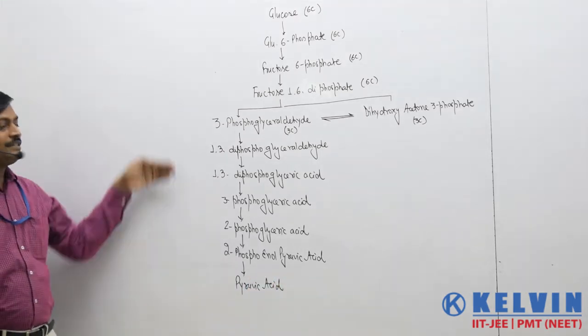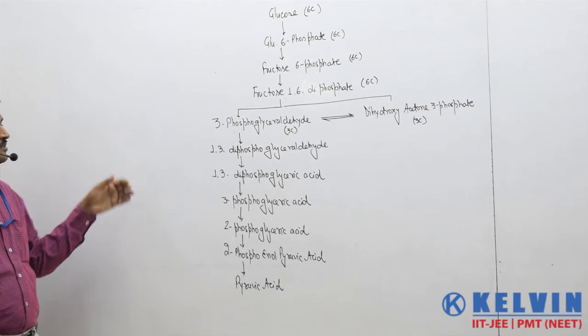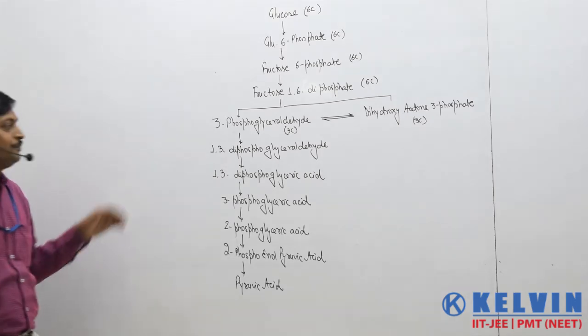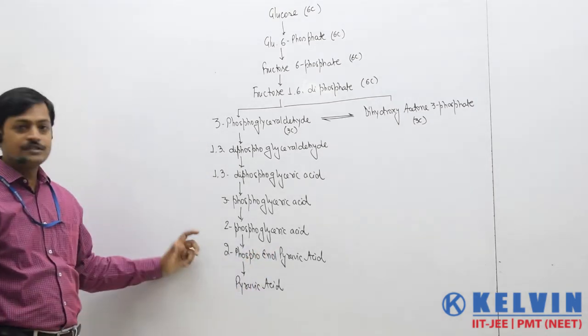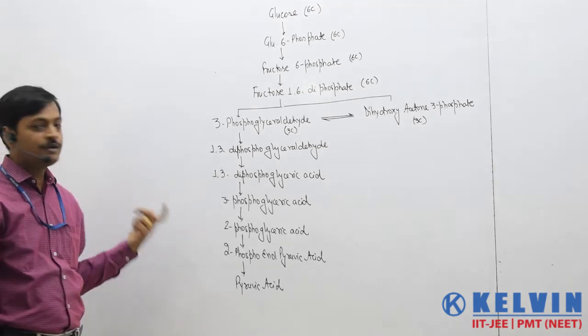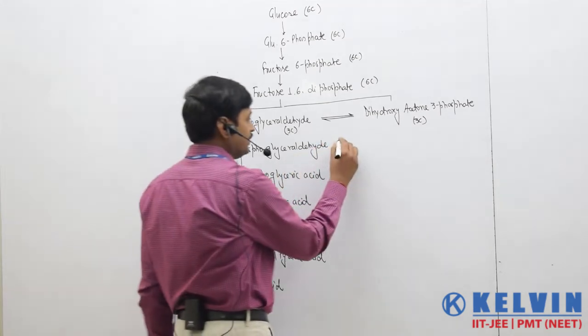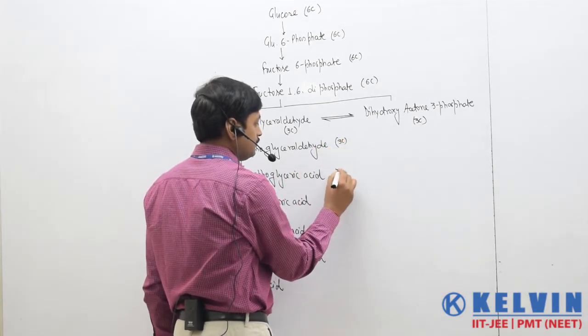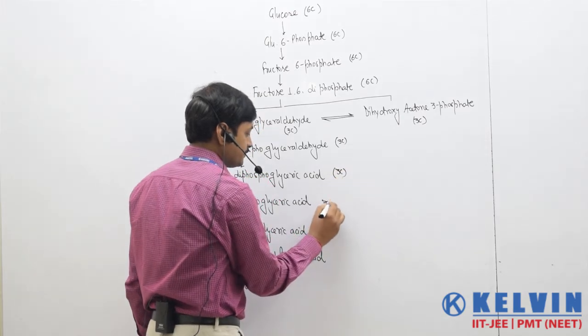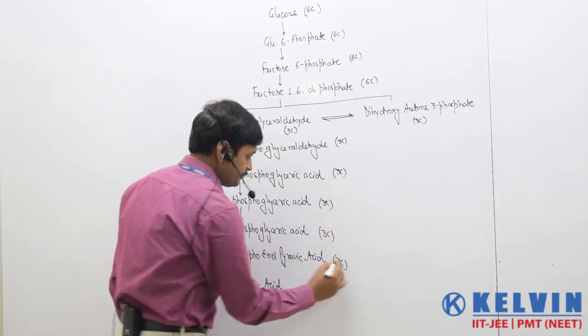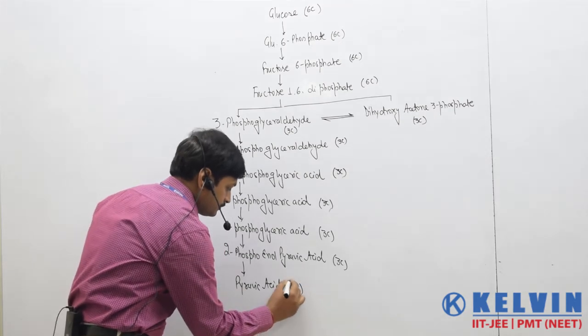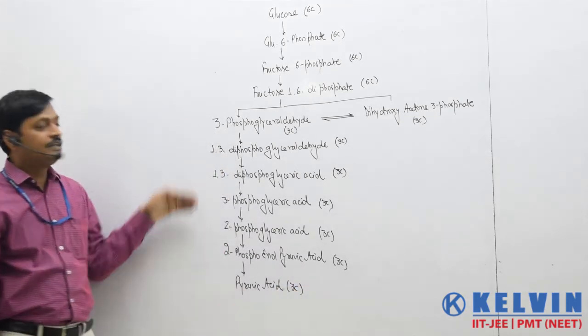So it's complete glycolysis as far as substrate and products are concerned. From here onward, it is a 3-carbon compound, and pyruvic acid is also a 3-carbon compound. So all the compounds are of 3 carbons. We can also balance the carbon atoms. So these all are 3-carbon compounds.